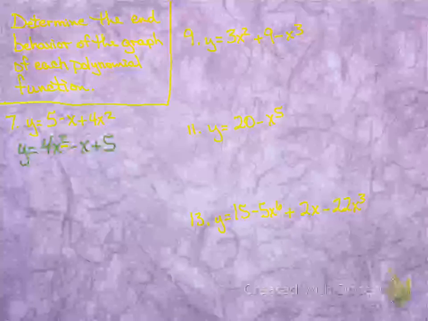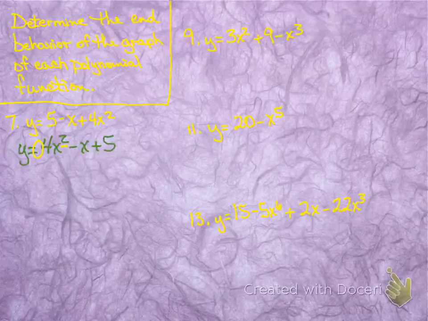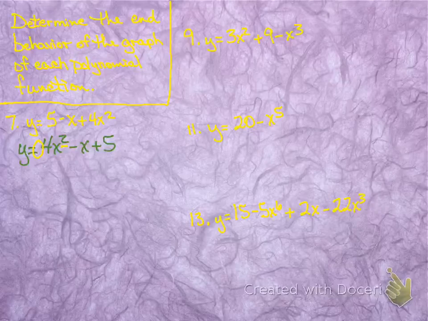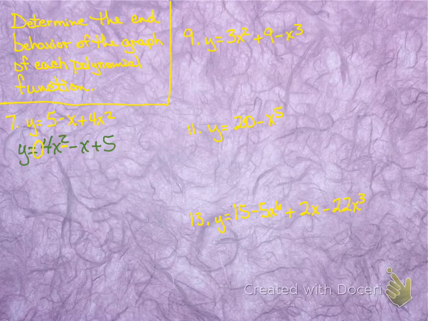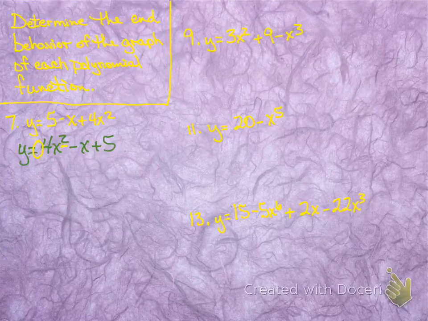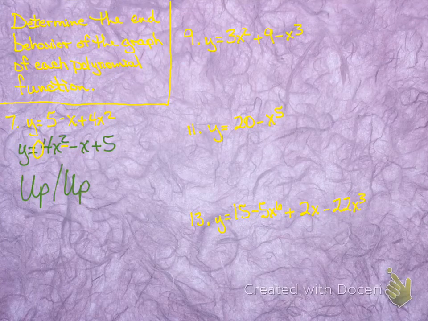Okay, and then I look over here and I see that I don't have a sign, so that tells me my sign is positive. So I have end behaviors going in the same direction. It's positive, so this is up, up end behavior.